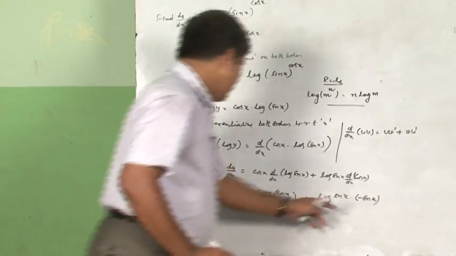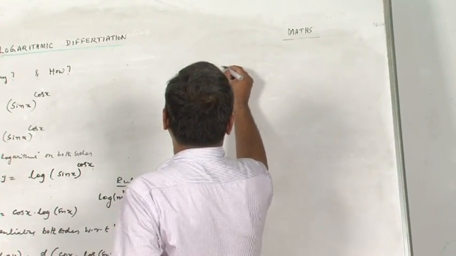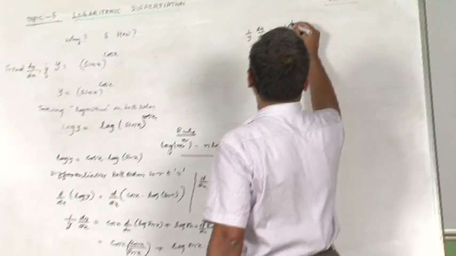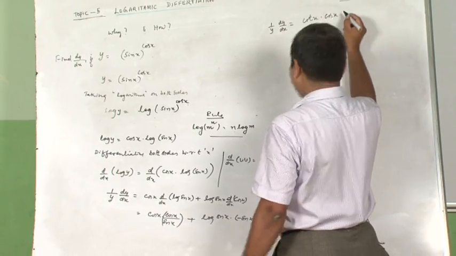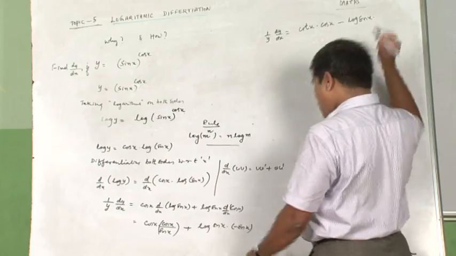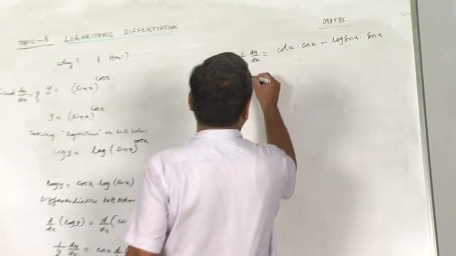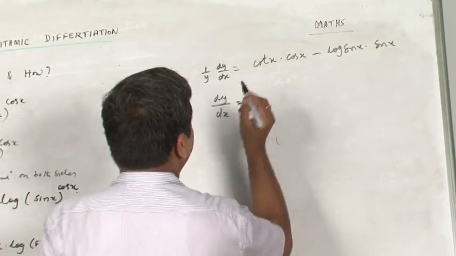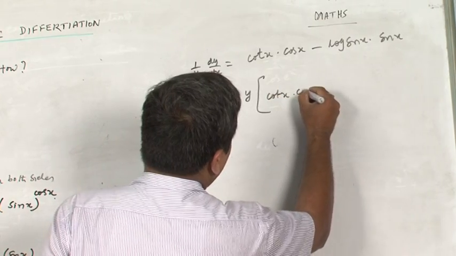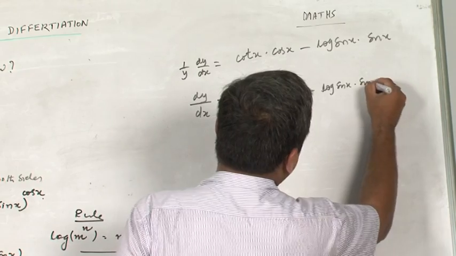So, you get cos x by sin x plus log sin x into the derivative of cos x, which is minus sin x. So, simplify it: 1 by y dy by dx is equal to cos x cot x minus log sin x into sin x. Bringing y to that side, dy by dx is equal to y into cot x into cos x minus log sin x into sin x.